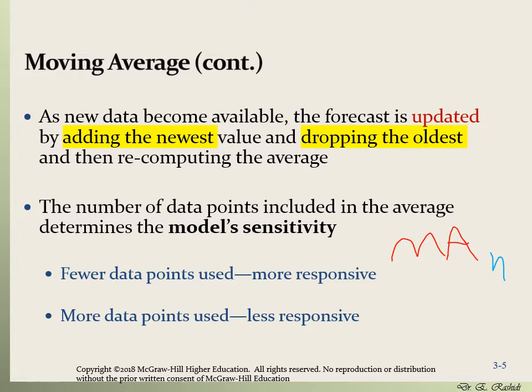If you use a higher value of n, that means you're using more previous data in your time series, so the forecast you get from this model is going to be less responsive to sudden and subtle changes. On the other hand, if you use a smaller value for n, that means you use fewer data points in your time series, and it's going to make your model more sensitive and more responsive to subtle and sudden changes in your time series.